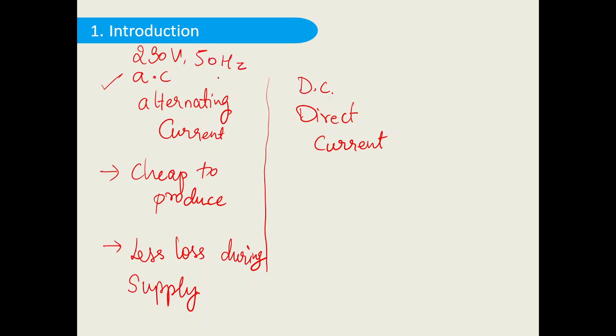This specification differs from country to country. So if you are purchasing a module from a different country, you should know its power ratings and supply ratings, such that you can tell whether it is compatible with Indian power requirements or not. You should be able to note these things.